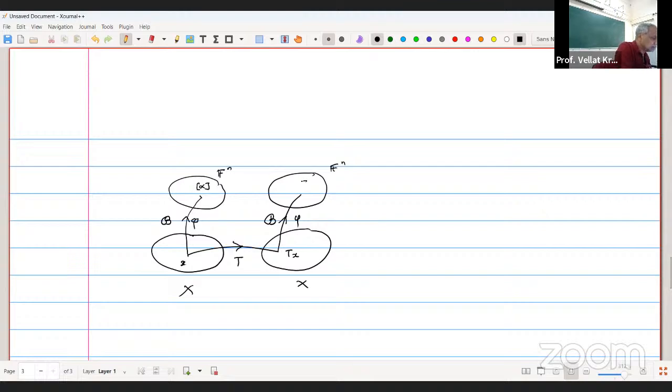This is beta representing Tx, and this that we designate by A. A is an n by n matrix.